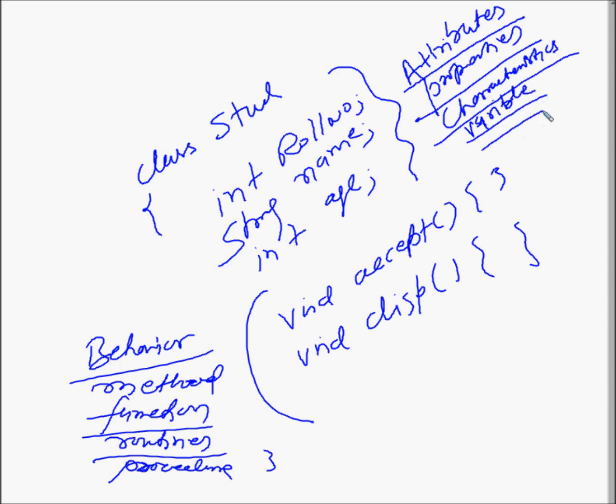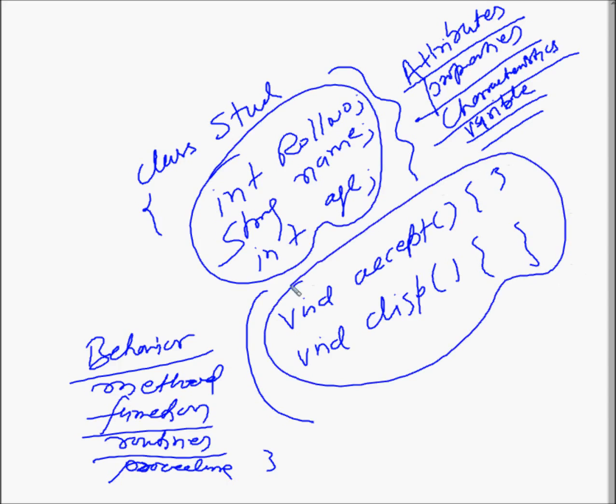All are the same. In C++ we call this member data, and this a member function, right? That is what a class is. So a class is a set of attributes and behavior.